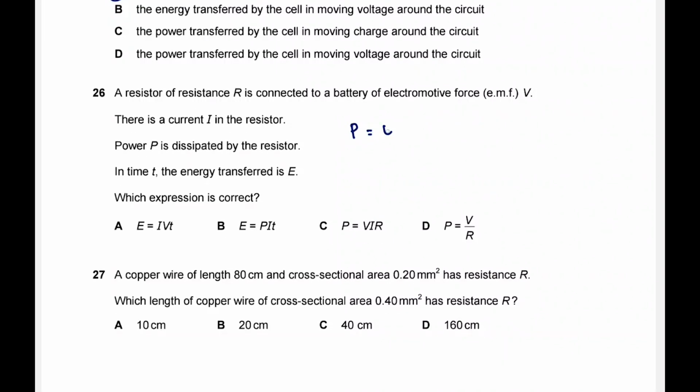Power is the rate of energy, therefore energy is equal to power times time. And then electrical power is the product of the EMF or the voltage and the current flowing. Energy is power times time, but power is V times I. So energy is IVt. Okay, so A.